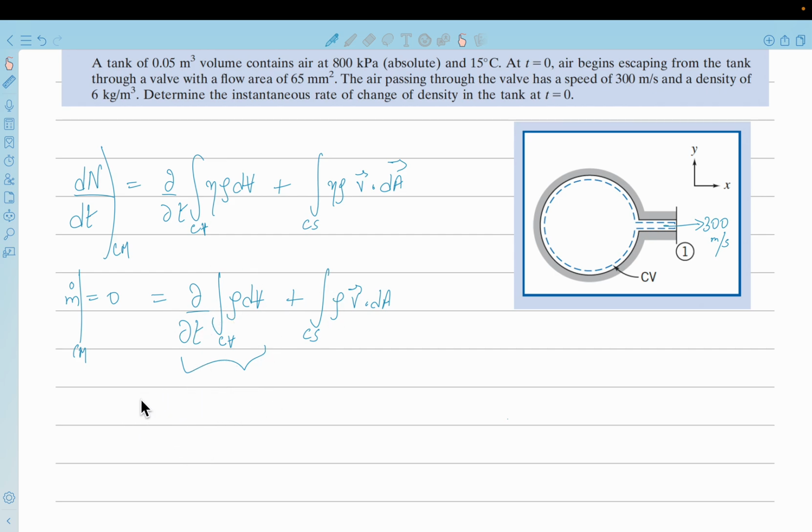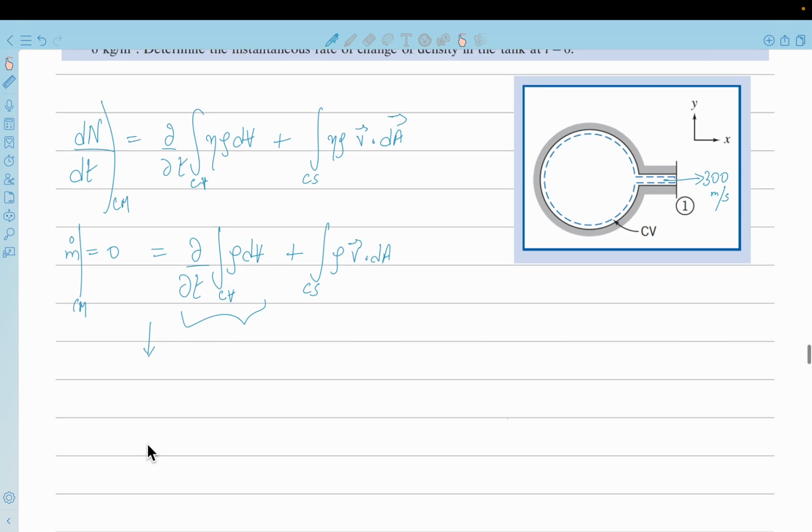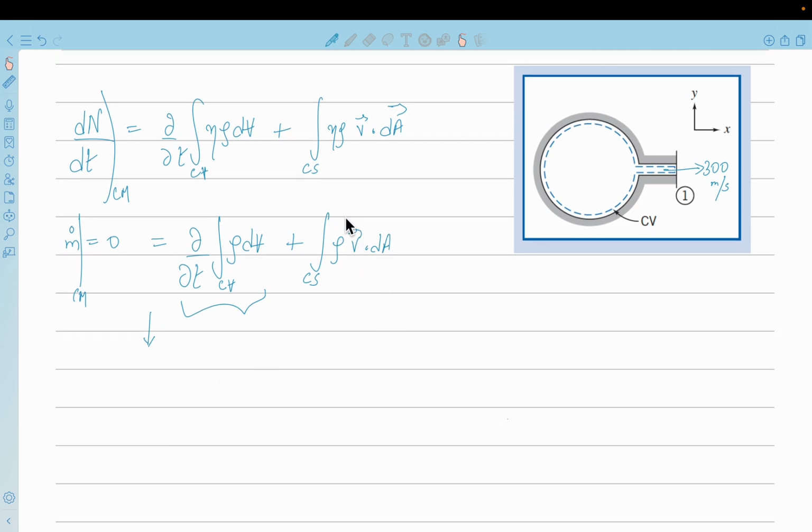So let us solve this equation. What can I say about the control surface term? How do I evaluate this control surface term? What are the control surfaces in this control volume? See, in this figure already the control volume is drawn. What are the control surfaces here?